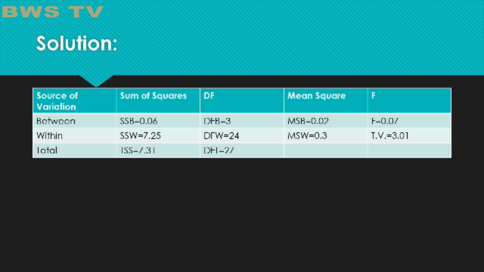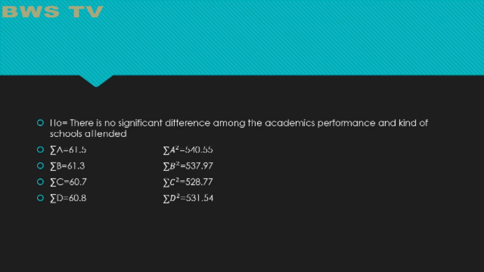DF: DFB is equal to 3, DFW is 24, DFT is equal to 27. Mean square: MSB equals 0.02, MSW is equal to 0.3. F is equal to 0.07, TV is equal to 3.07. H0: there is no significant difference among the academic performance and kind of schools attended.